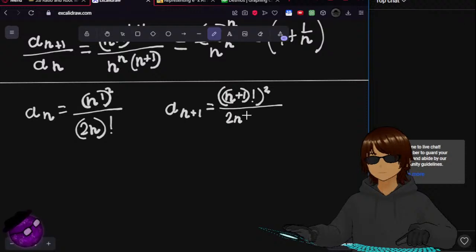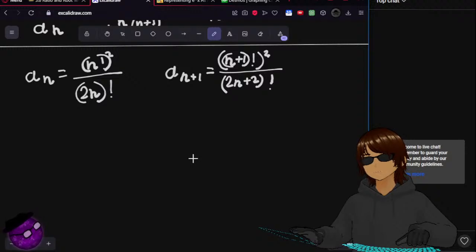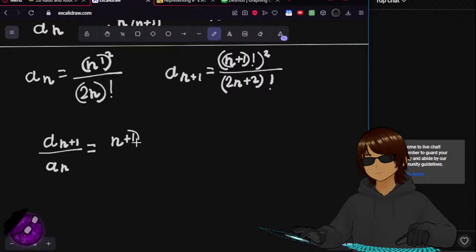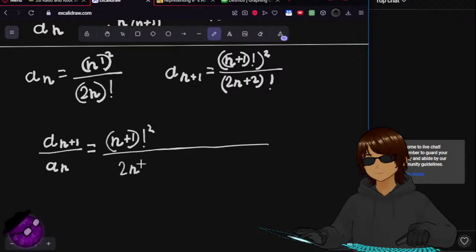And then 2n plus 2 factorial. Now let me think. n plus 1 factorial, 2n plus 2 factorial.